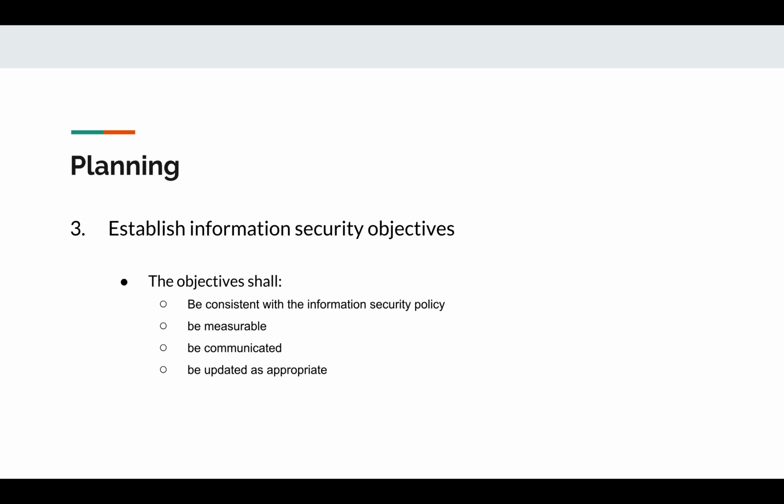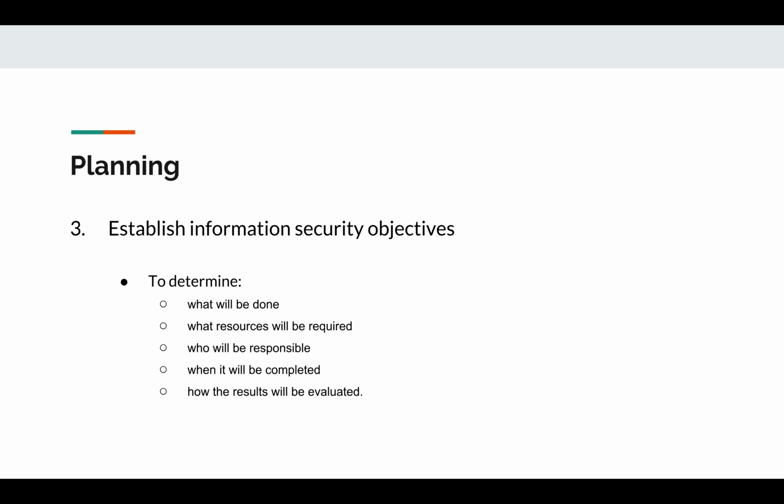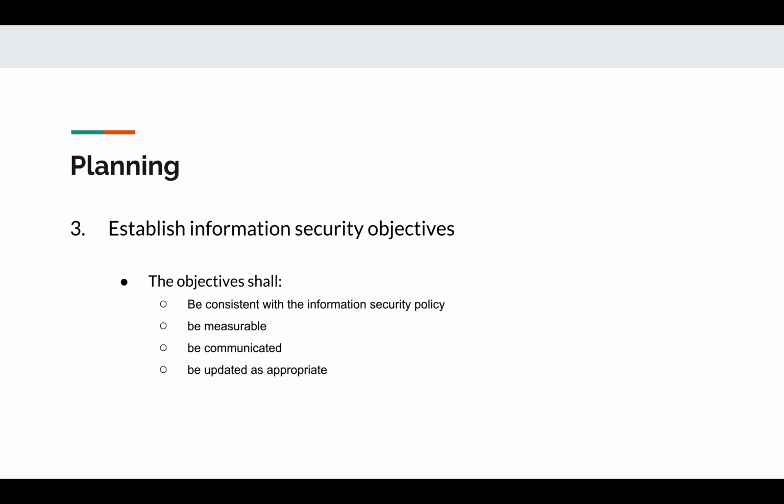All those objectives shall be consistent with the information security policy we just came up with, and they should be measurable, they should be communicated, and they should be updated as appropriate.